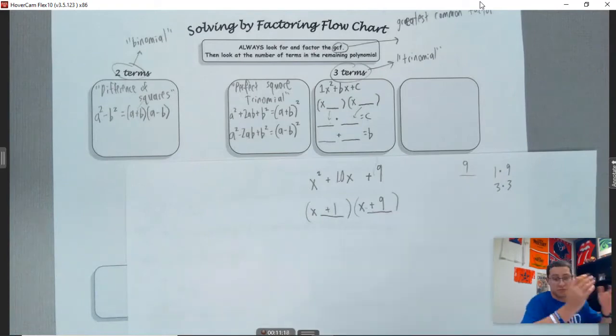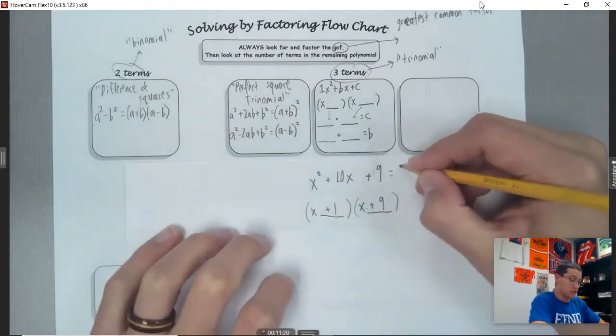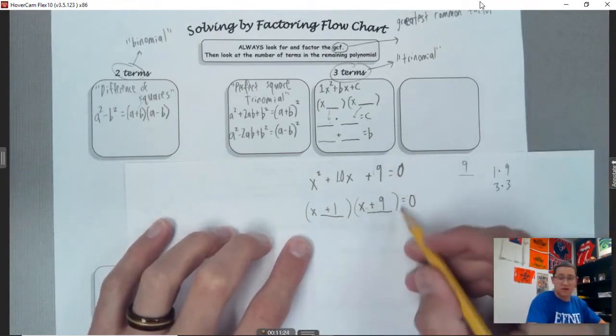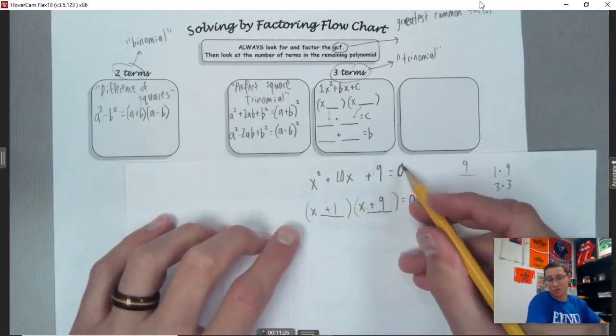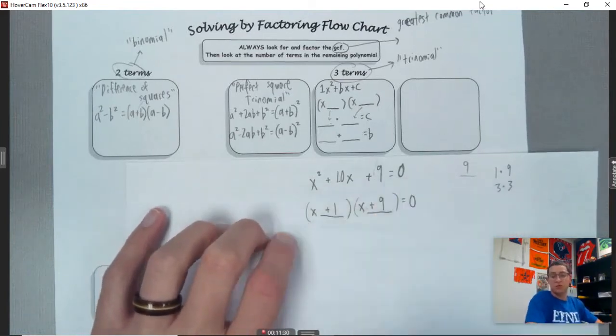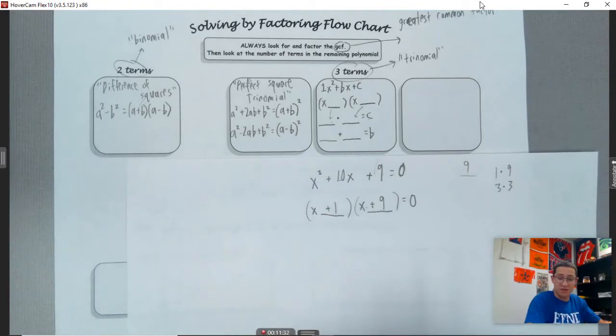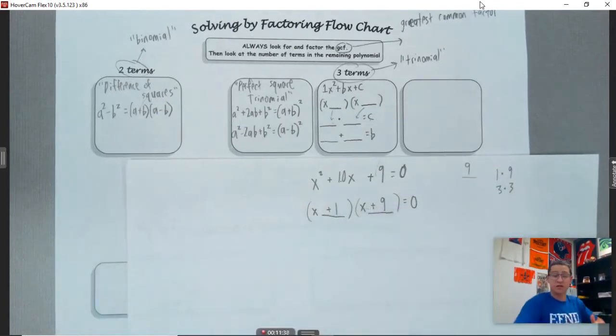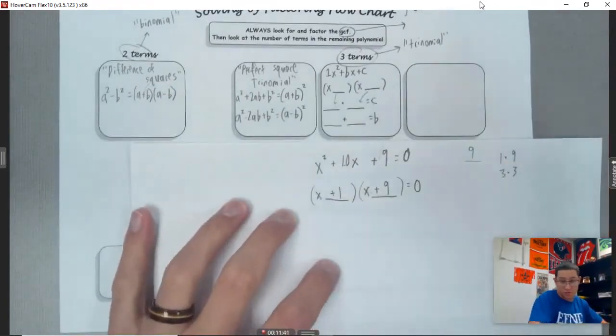Now, let's go ahead and do this. One example where this is huge for us is when we're trying to solve for when it equals something. For this expression, when does it equal 0? The reason we factor it is because that's probably the quickest way to do it. You factor it, you get x plus 1 times x plus 9, so you split it into 2 to solve it.